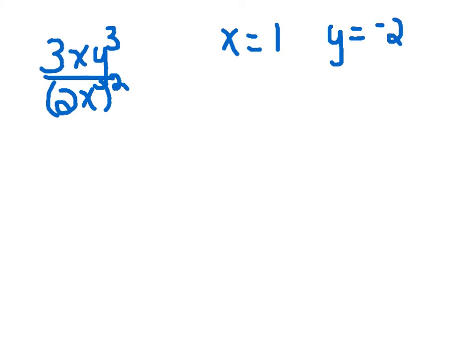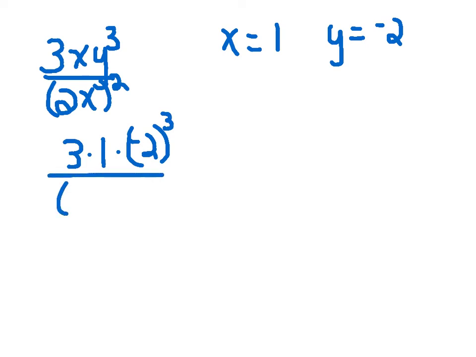So showing replacement, I will say 3 times 1 times -2 to the third power divided by the quantity of 2 times 1 to the second power.